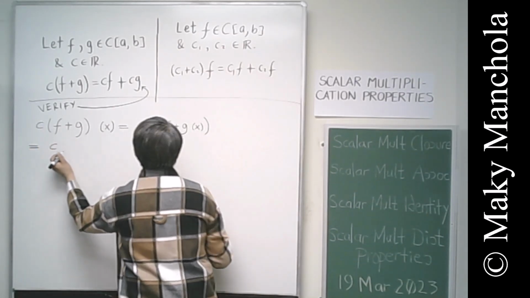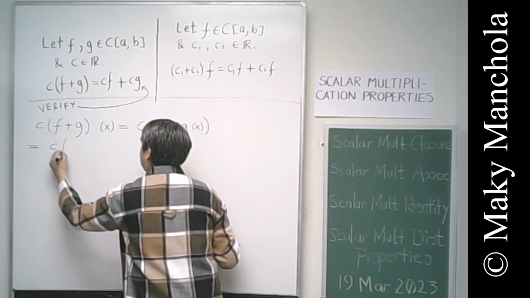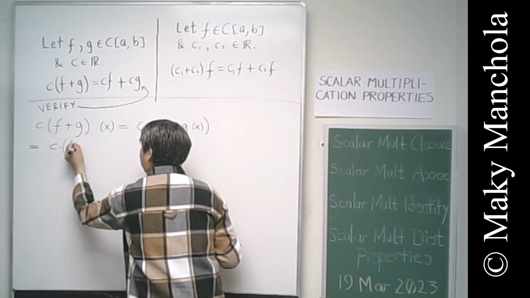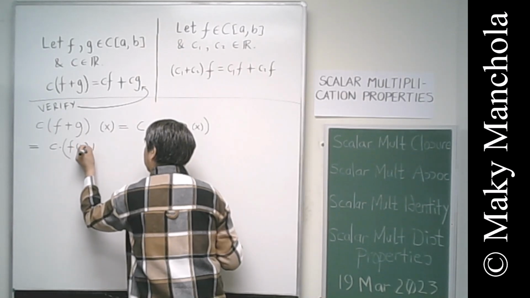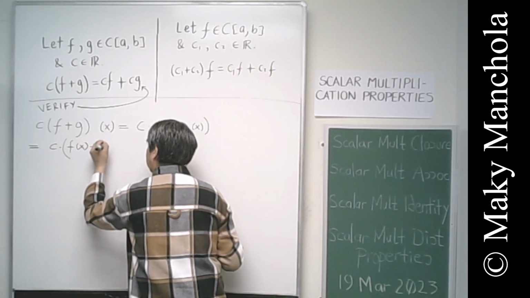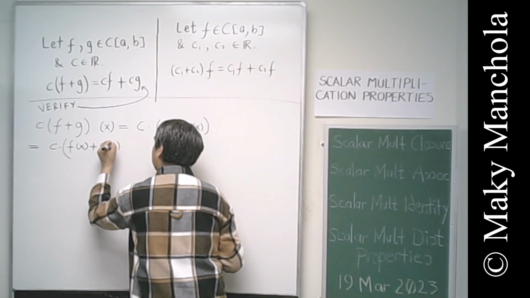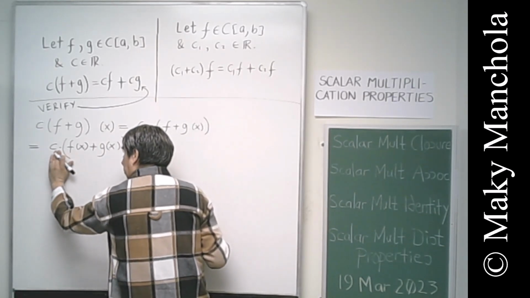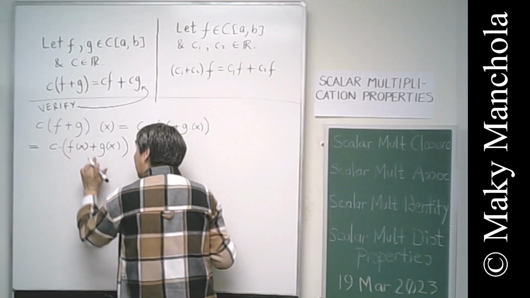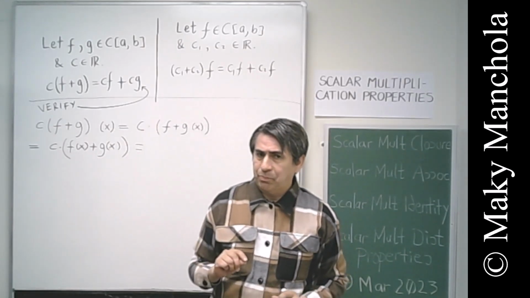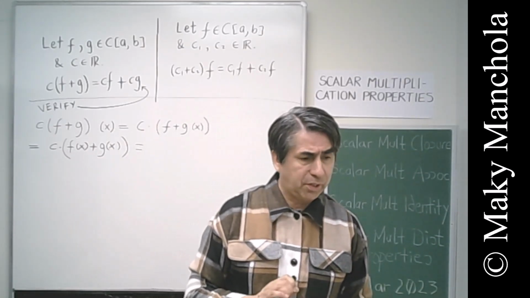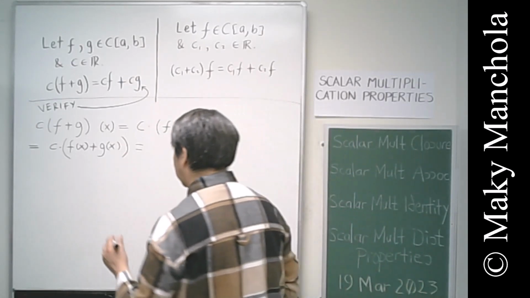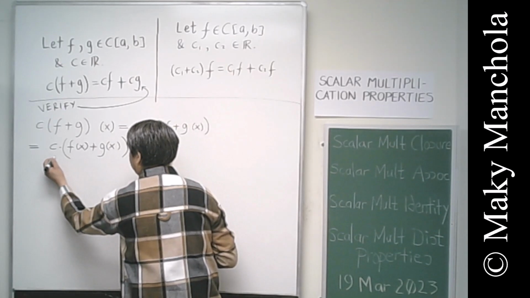So c times (f of x plus g of x). So this is multiplication of real numbers. That is addition of real numbers. Now we know that multiplication of real numbers distributes over addition of real numbers. So let's do that.